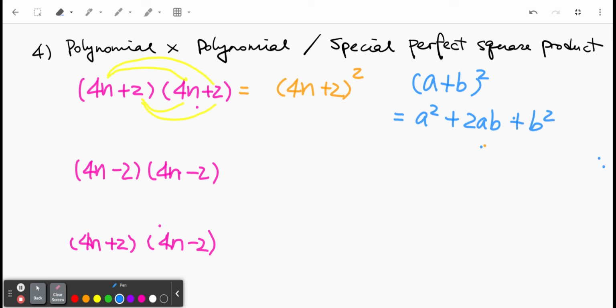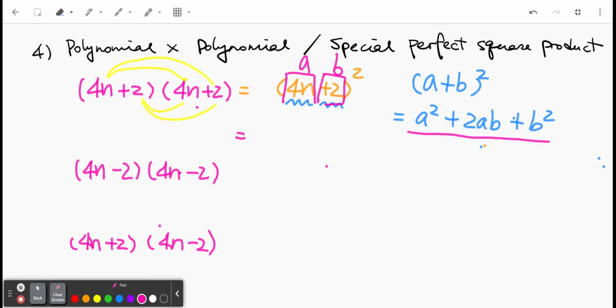So what is our a? A is our 4n and b is our positive 2. So this is a, this is b. And your answer should just follow the format.